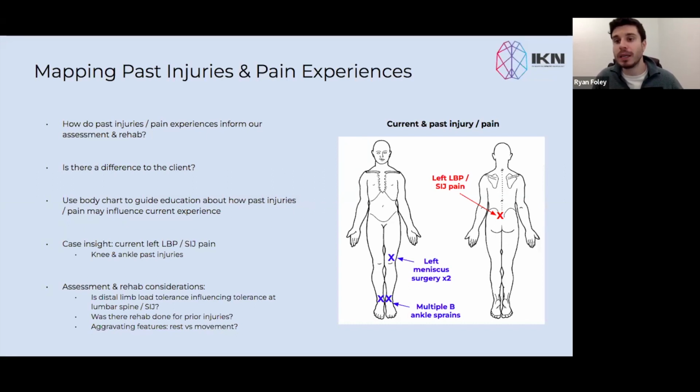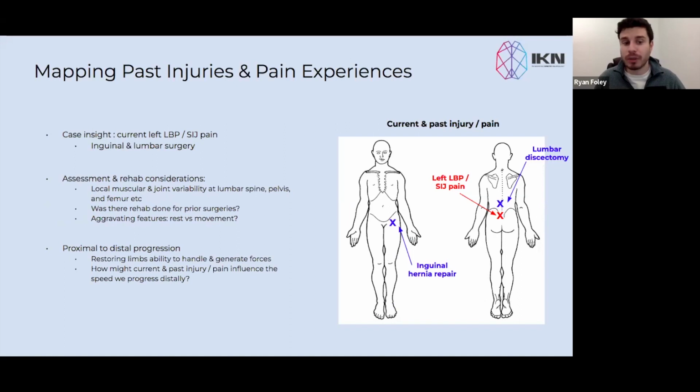Maybe they don't need a better local exercise or manual treatment around the lumbar spine. Maybe they just need to shift your focus away from that local area into the lower limb, for example. Okay, so hopefully that makes general sense.